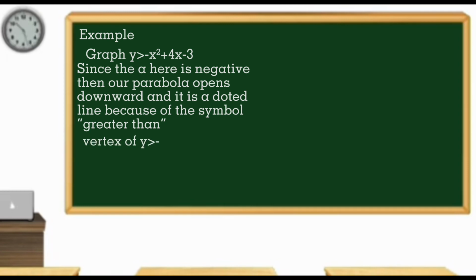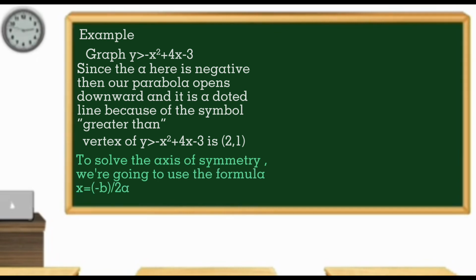The vertex is 2, 1. To solve for the axis of symmetry, we use the formula x is equal to negative b over 2a. So, x is equal to negative 4 over 2 times negative 1, which is equal to 2.